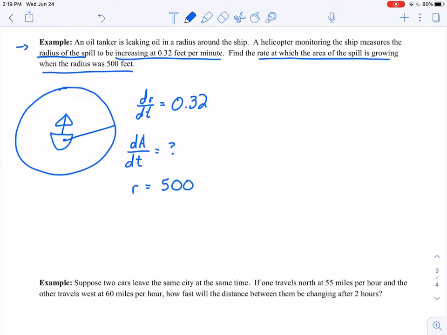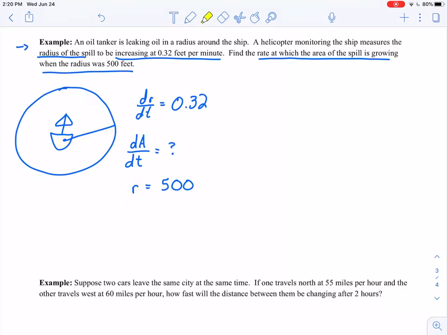So it looks like I have a few variables here. I've got dr/dt, or just r there. I've got A, for the area of the oil spill. So here I would be looking at the area of this circle. And then r, again, the radius, that's just the radius of our circular spill here.